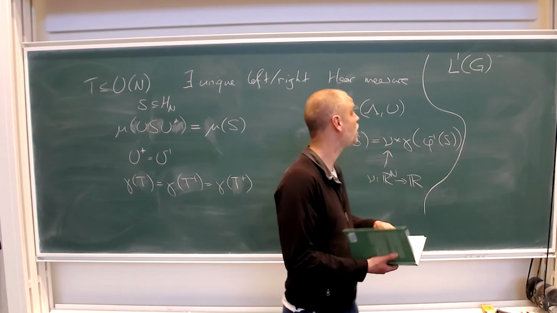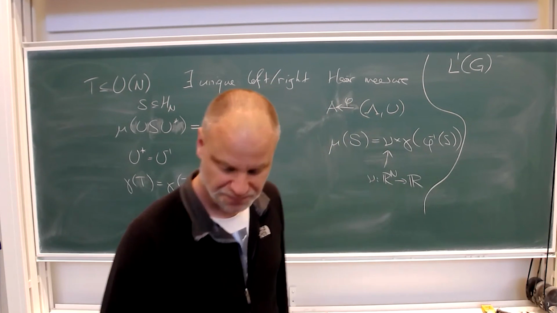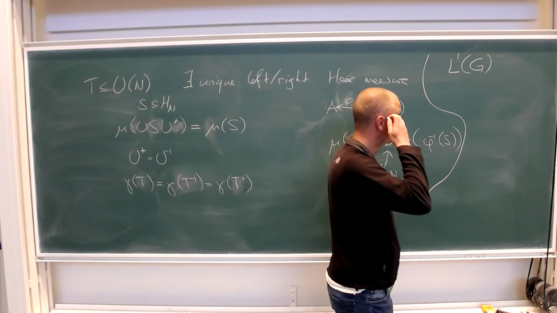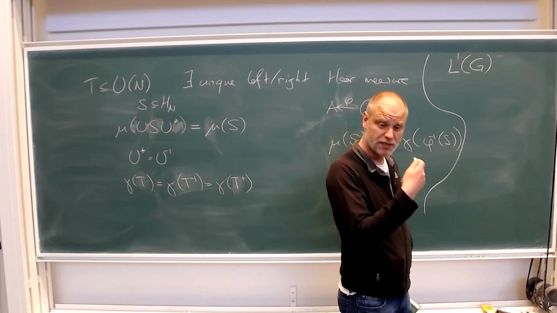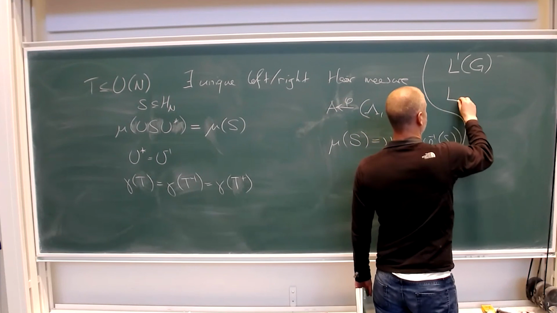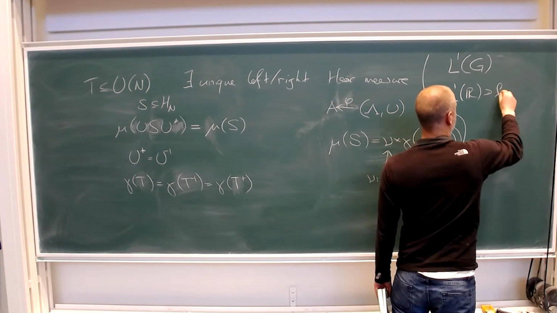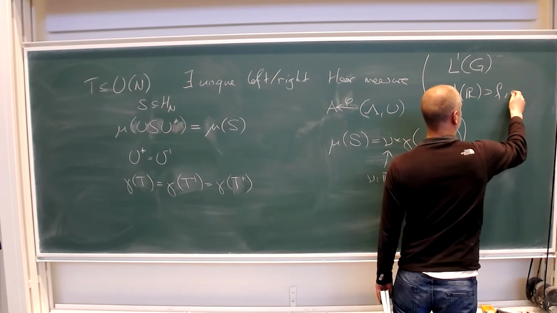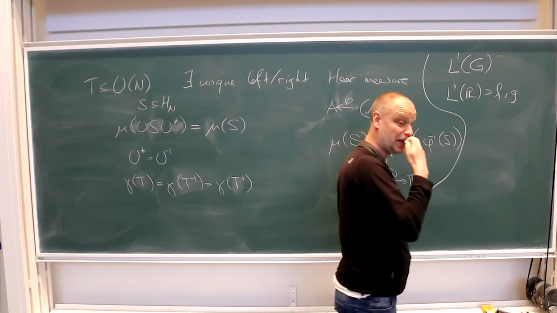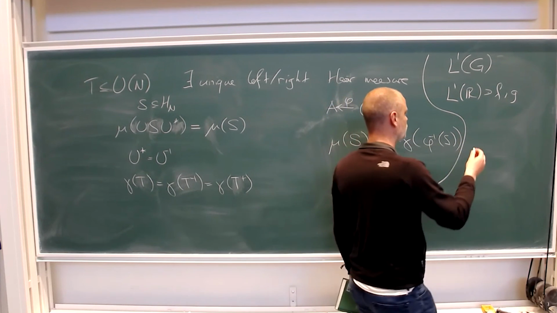And so this L1 of G is not only an interesting function space, but it's also an algebra in itself. Then you need some sort of operation. If you think of L1 of R, and you take two functions f and g, then how can you create a new function in L1 of R, somehow like the multiplicative structure?